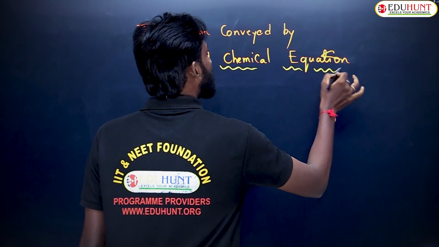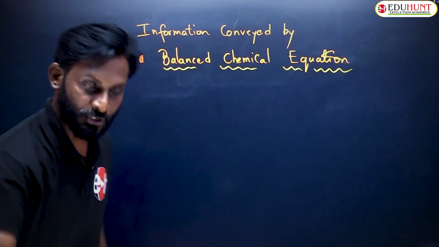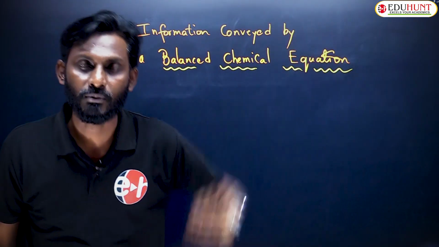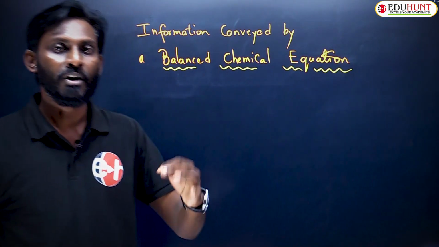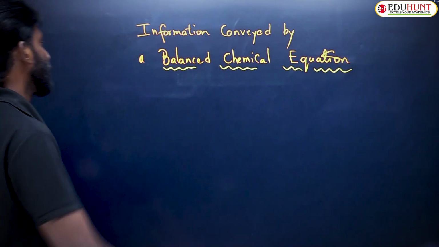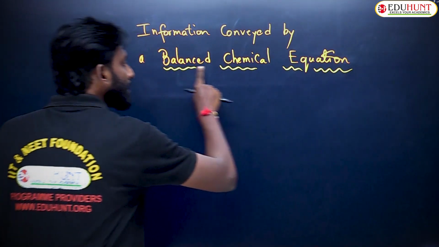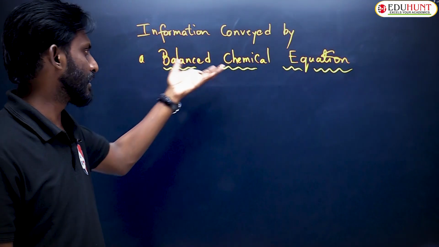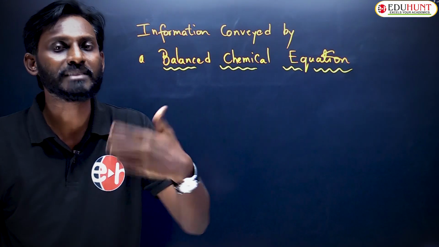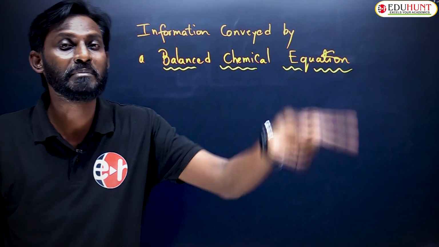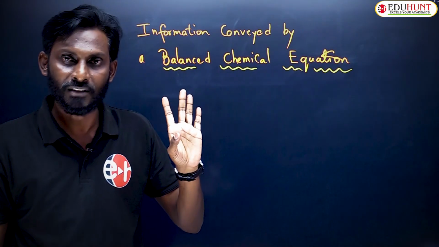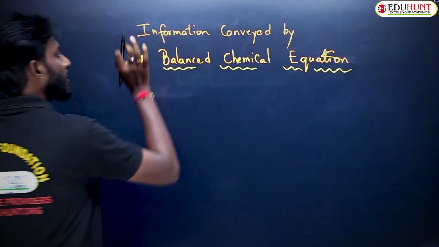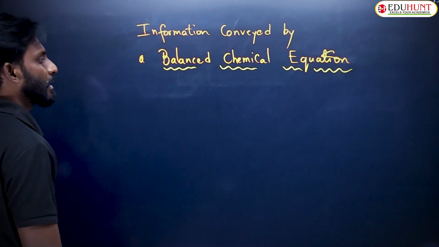On paper, in front of you, there is a balanced chemical equation. Now the question arises, what information does that balanced chemical equation tell you? Simply, it is telling something about the chemical reaction. Yes or no? Yes. So we are going to discuss the information conveyed by a balanced chemical equation.